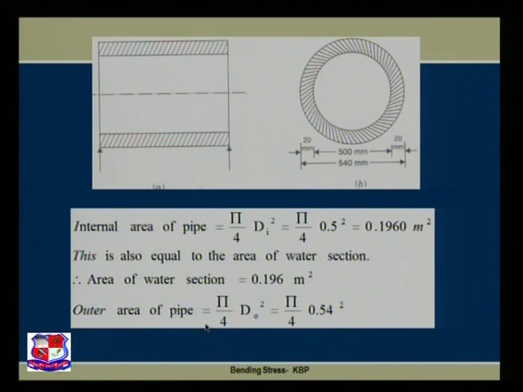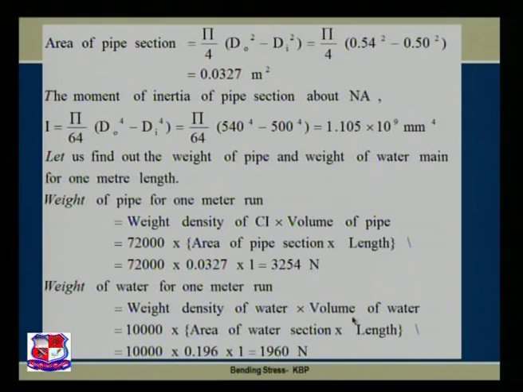Outer area of pipe is equal to pi by 4 do square, that is pi by 4 into 0.54 square. So, the area of pipe section is pi by 4 do square minus di square, and we achieve 0.0327 meter square. This is the area of pipe section itself.